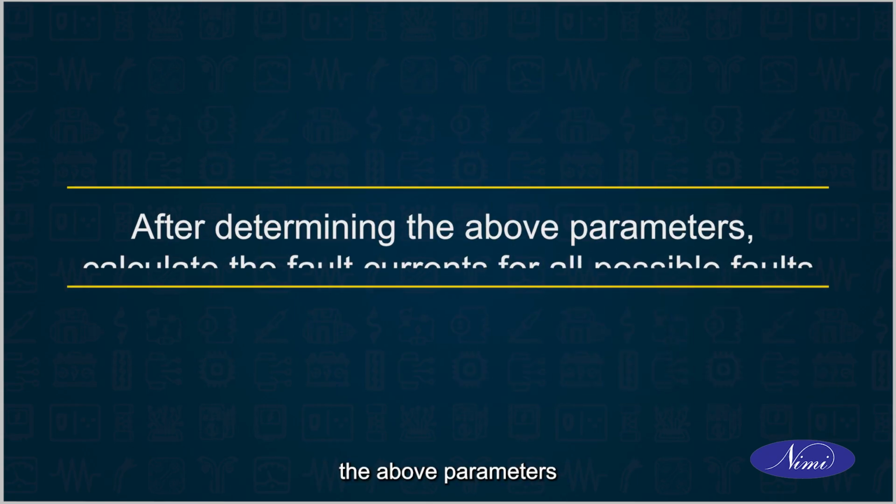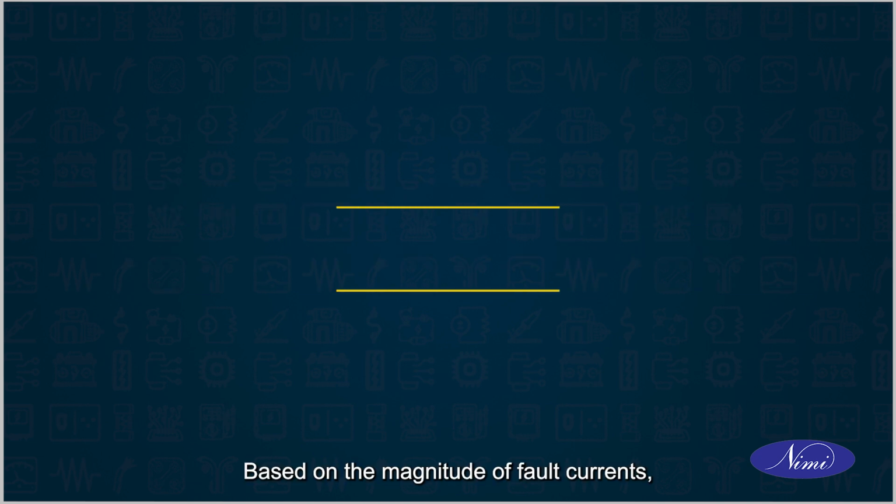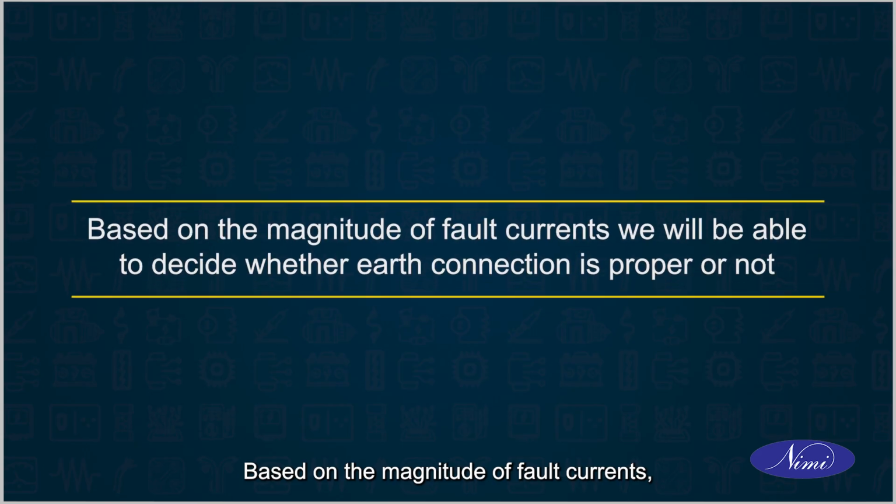After determining the above parameters, calculate the fault currents for all possible faults. Based on the magnitude of fault currents, we will be able to decide whether earth connection is proper or not.